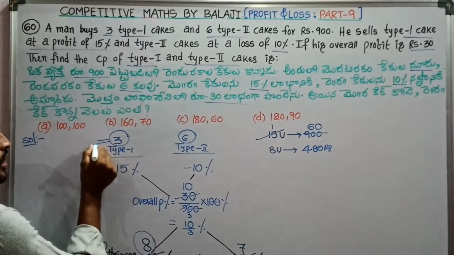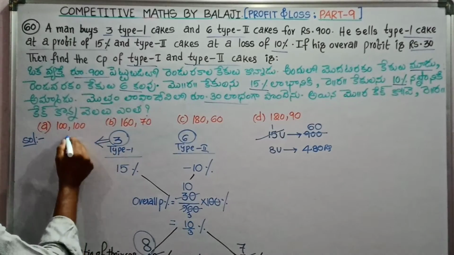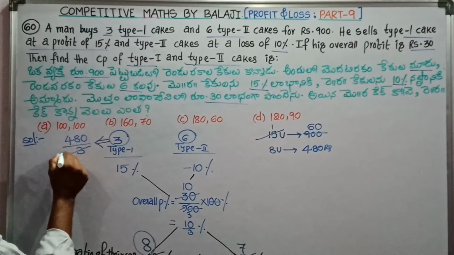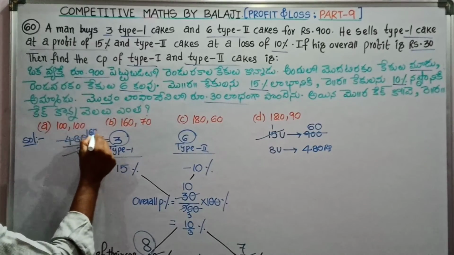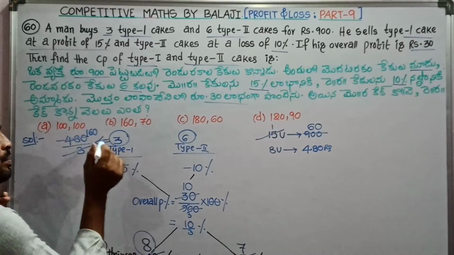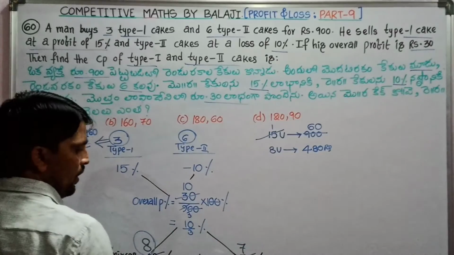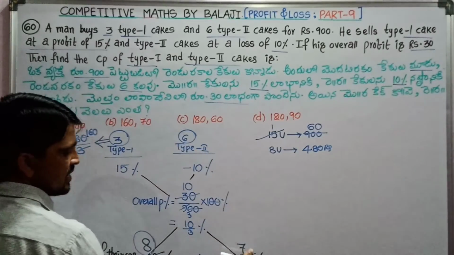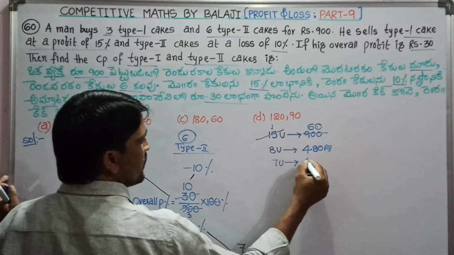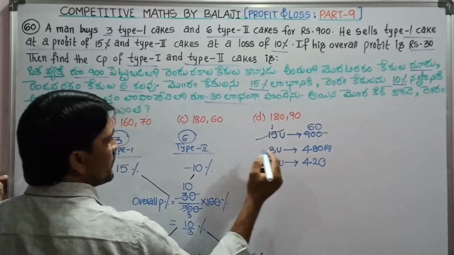Cost of each cake of type 1 is 480 by number of cakes, 3. So 3 16s are 48, 0. So cost of each cake of type 1 is 160 rupees. And type 2 units are 7 units. Since 1 unit value is 60, 7 units value is 420.